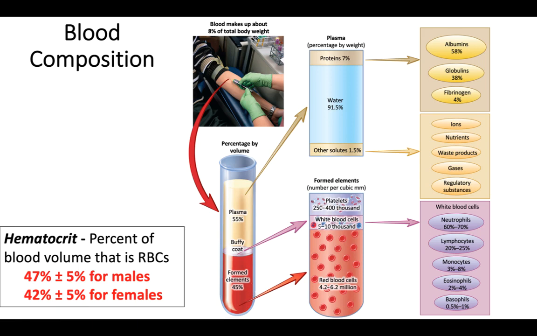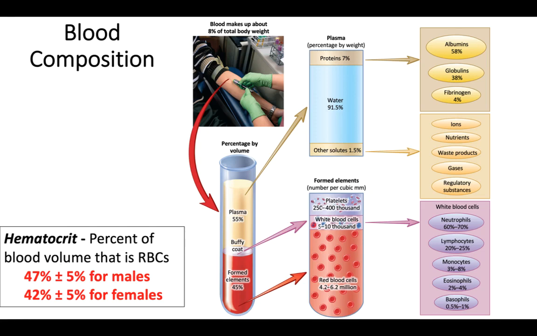In a normal individual, if you are a male, this percentage of red blood cells should be somewhere around 47%, plus or minus 5. So it could dip down to 42%. It might be as high as 52%. So that's the normal percent of the blood occupied by red blood cells.